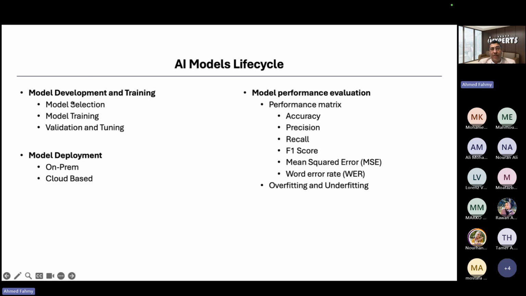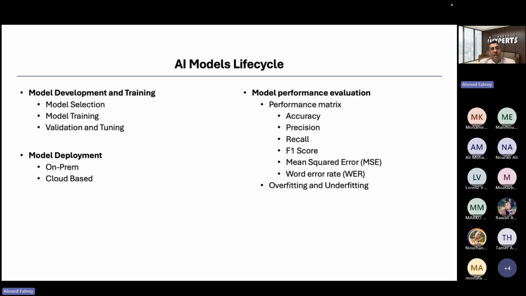During model selection, if you want to select your AI model within your organization, after that you need to customize the model based on your situation, feeding your data to the model in order to get it trained for that system. And for the validation and tuning, and during the operation itself, whether it is on-prem or on cloud, there is a need to have some principles, regulations, or rules to govern the use and development of all of these AI systems.